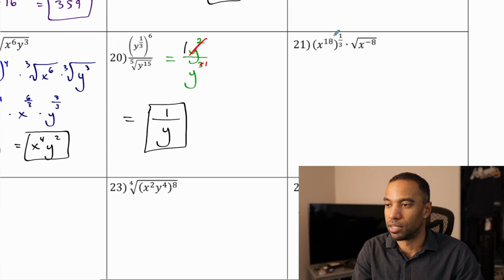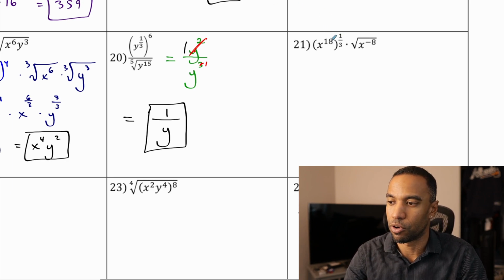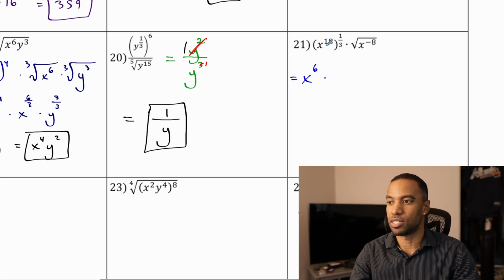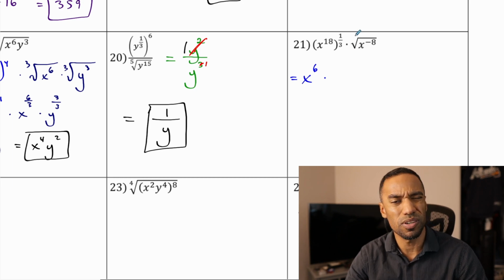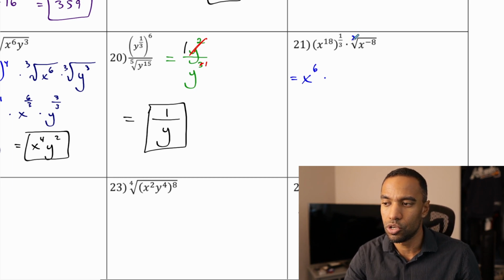Number 21, we have x to the 18th to the 1/3 power, and of course we will multiply the 18 with the 1/3, or 18 divided by 3, and we get 6, okay? And then we have the square root of x to the -8th power. Now remember, square root, if you don't see what's written, we're seeing squared, right? 2.